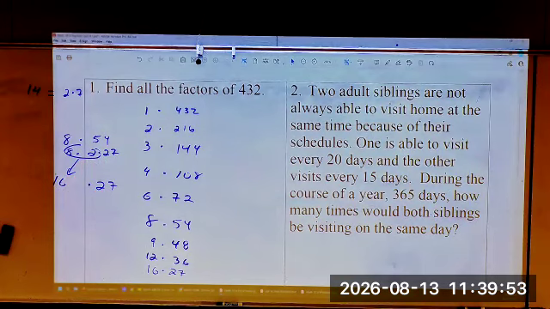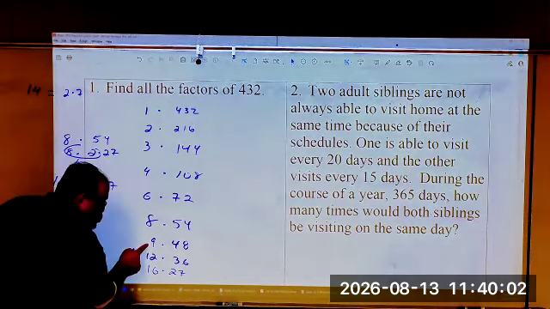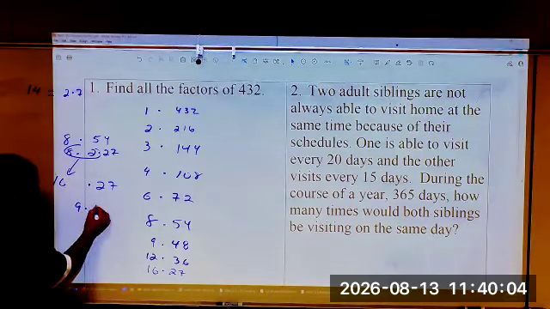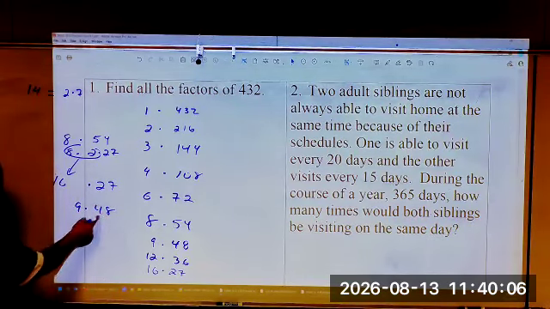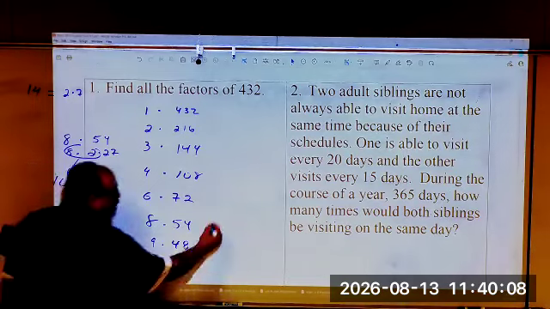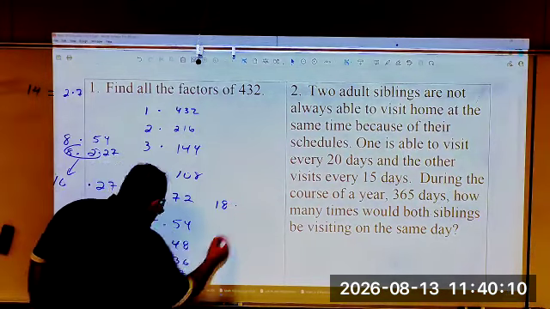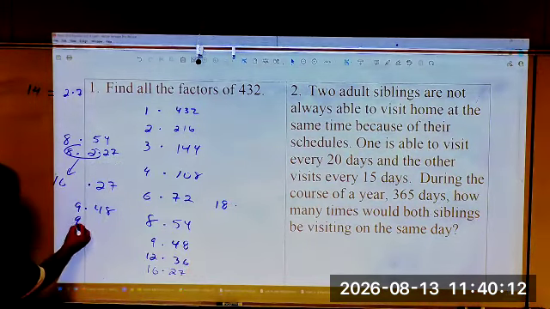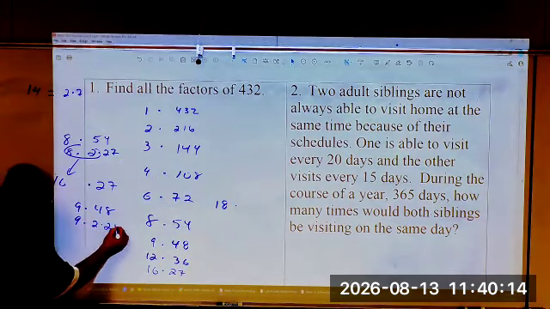17, no. 18, it's even, and 9 works. So where's my 9? Here's my 9. I have 9 times 48. So I'm looking to see if 18 works. So this is 9 times 2 times 24.